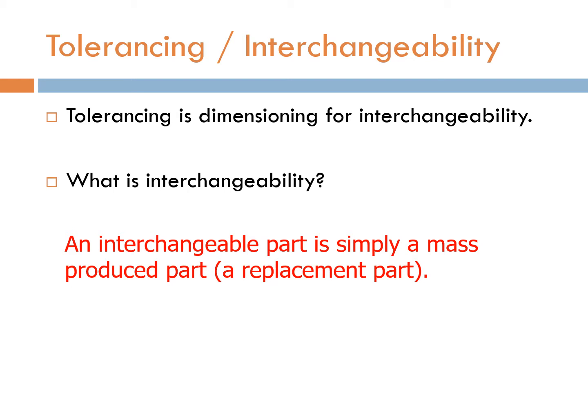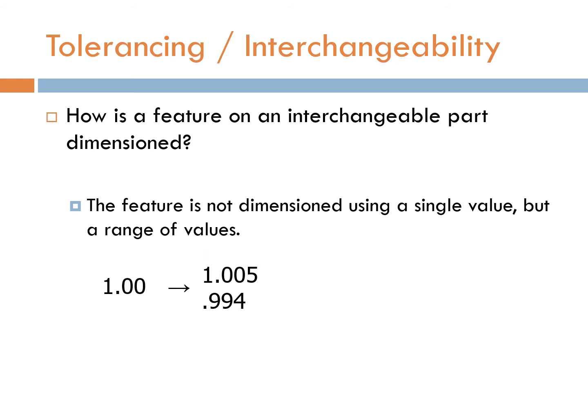But there's no way that you can make all sizes the same. So we apply tolerancing, meaning within a certain range, the device will be interchangeable. Now, what is the feature of an interchangeable part dimension? Well, look at this example.